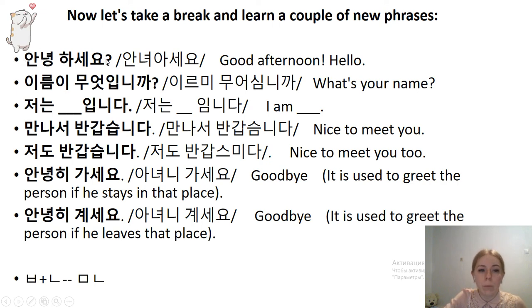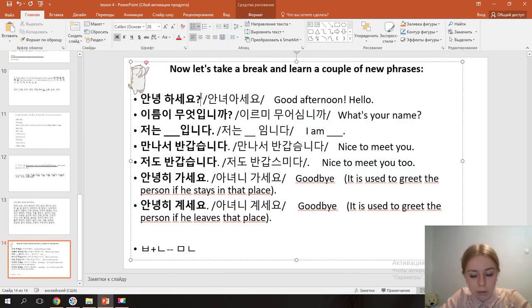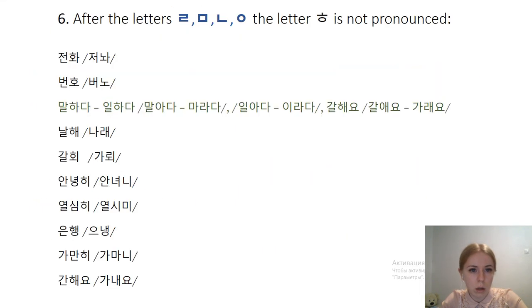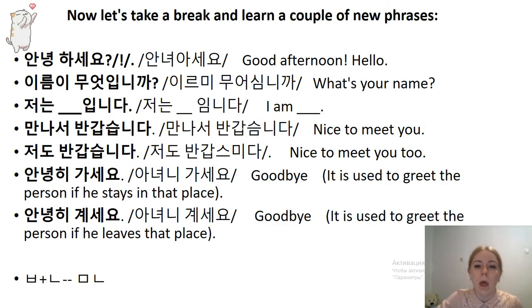It's formally, historically the right form, so we can put the emphasis sign like this, or just a point. So we just say 안녕하세요. We read it without h, you know why? According to the rule.